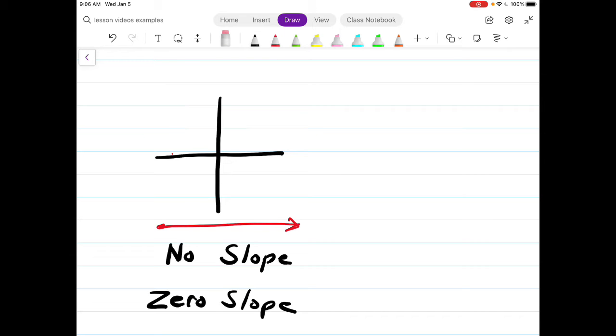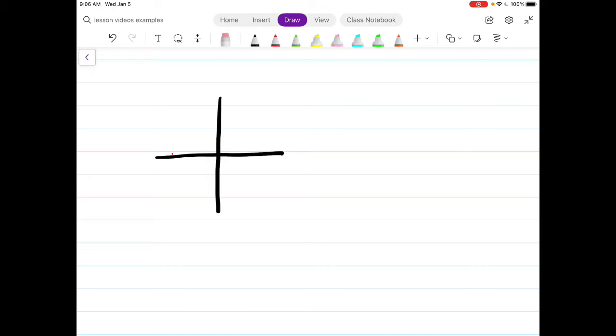And finally, you'll see lines like this that may not make any sense when they go from left to right. It's straight up and down. So it doesn't really go left to right, it just goes up and down. Points are over top of each other, and you cannot determine if it goes up or down because it doesn't travel left or right.